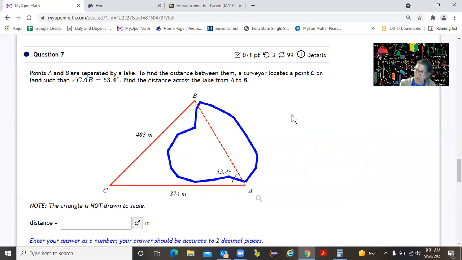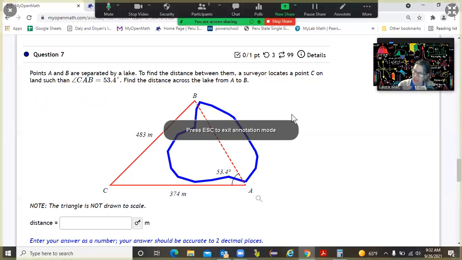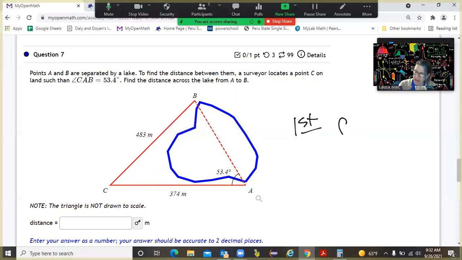So we're going to find the distance across the lake by using, in this case, law of sines. Notice we do have a pair. We have that 53.4 angle, and then we have that 483 that he was able to measure. And then we know the 374, so you can use that to find angle B, which will give you angle C, which will then give you the distance across the lake. So the first thing you would do is find angle B, and watch for those ambiguous cases, checking first and second quadrant.